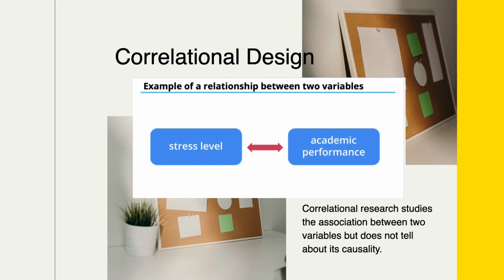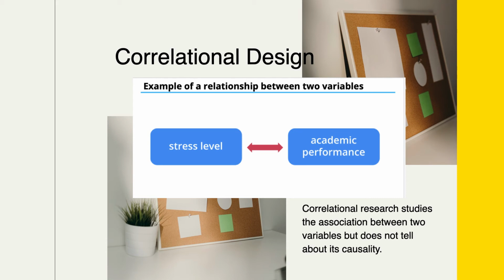In negative correlation, the variables change in opposite directions. For example, as coffee consumption increases, tiredness decreases. Then in a zero correlation, there is no relationship between the variables. For example, coffee consumption is not correlated with height.